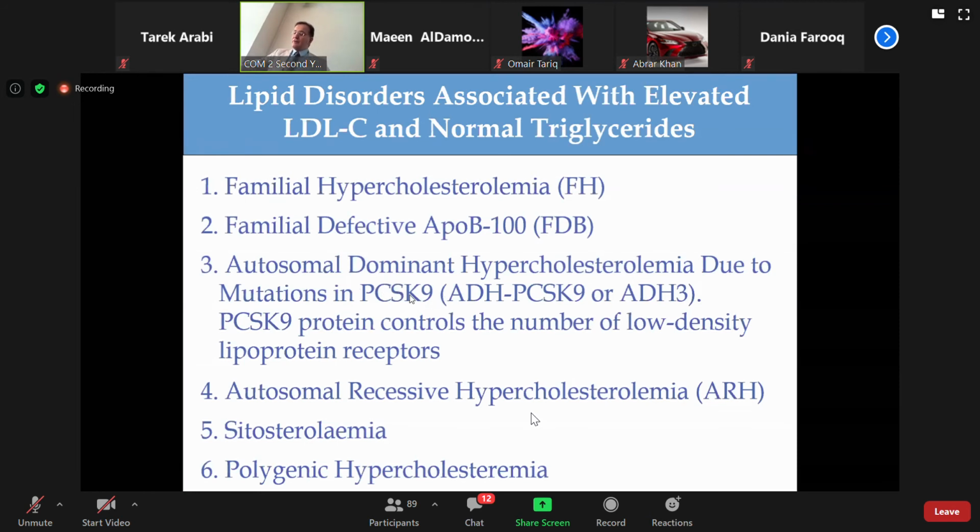And for this one, PCSK9 determines basically the number of low-density lipoprotein receptors. We have other ones. This is just a general description. I'm not going to hold you to this classification, but I do require you to know at least the first classification, because that's the most commonly used one. But I wanted to show you examples of other classifications.